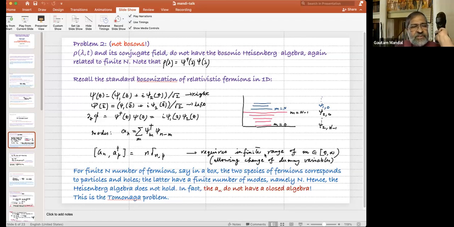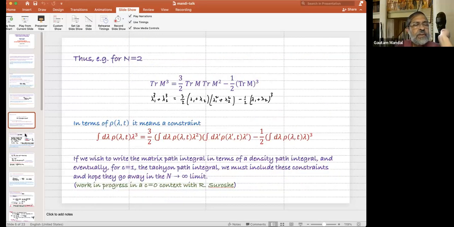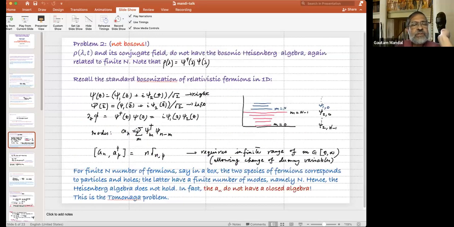Now there is a change of dummy variable in this summation that I want to do, a shift of m. That works only if the upper limit of m is infinity.